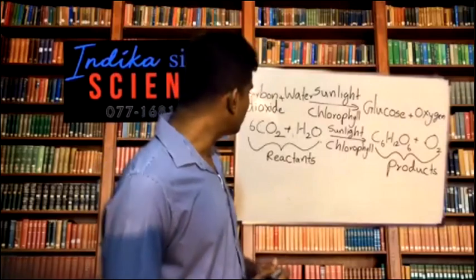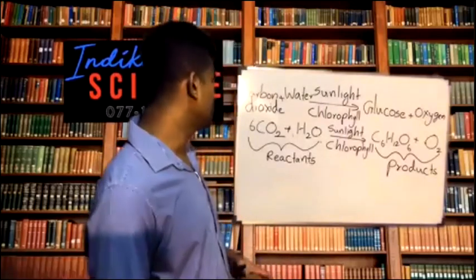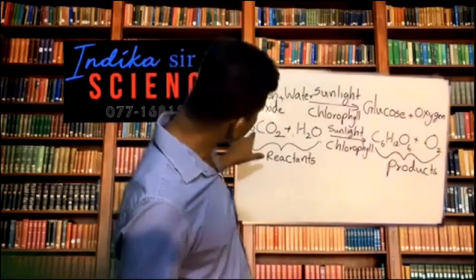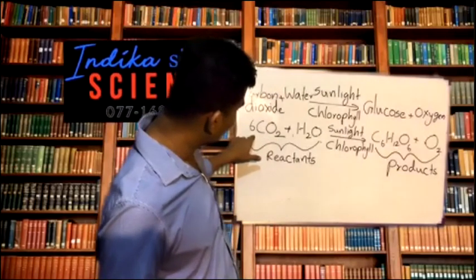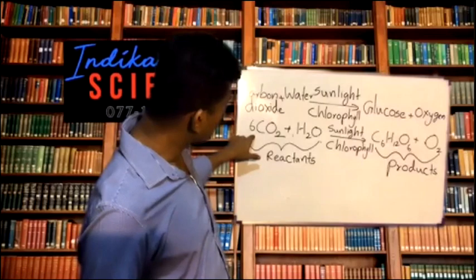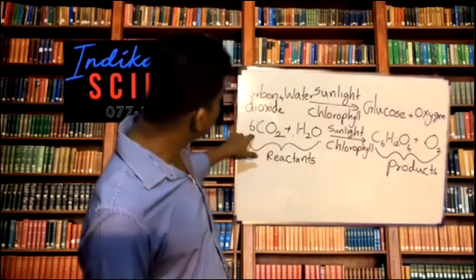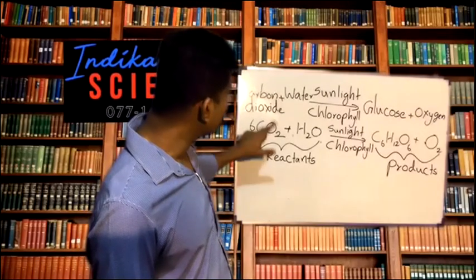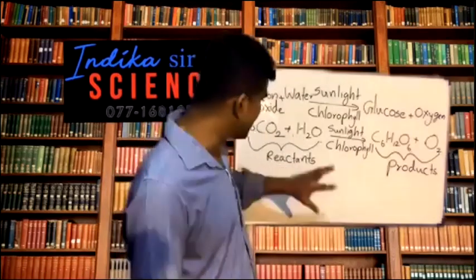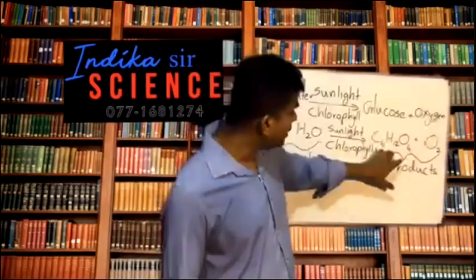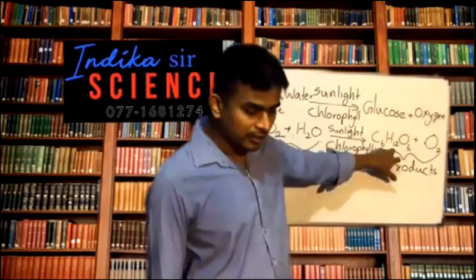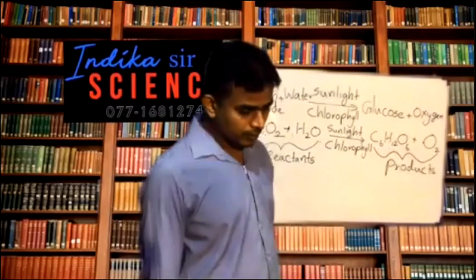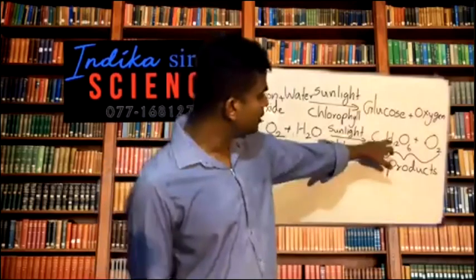Then we have to consider the oxygen. Oxygen, put here 6 into 2. How many oxygens here? Right, then we'll consider the hydrogen. Hydrogen product side, how many hydrogens there? Look at this one. Product side, how many hydrogens here? Can you tell how many hydrogens? 12. No?